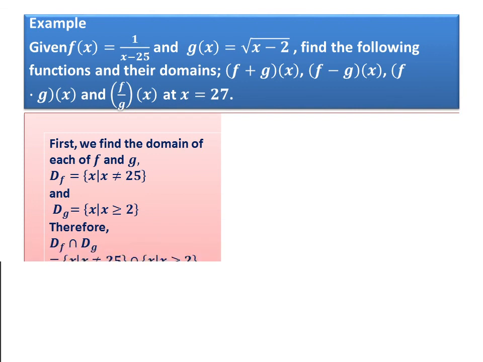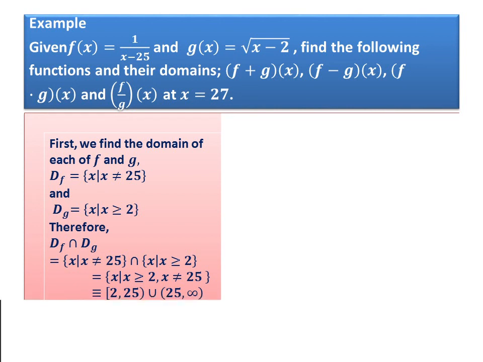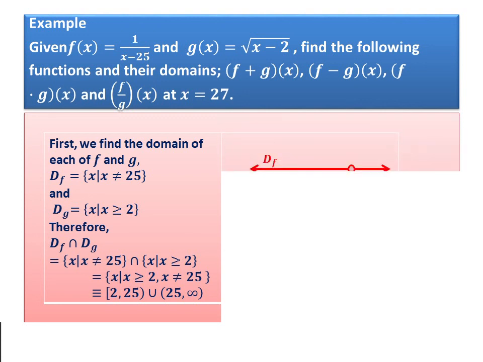So the intersection of df, the set of all real numbers x such that x is not 25, with dg, the set of all real numbers such that x is greater than or equal to 2. We make the intersection of these two sets so that the new domain is the set of all real numbers x greater than or equal to 2 and x is not 25.